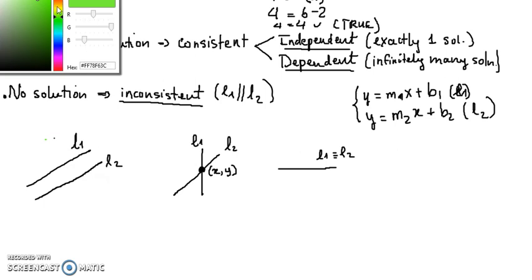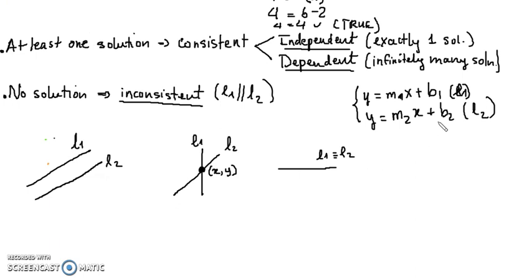Now, if the two lines are parallel with each other, then what happens? Then we learn that the slopes are the same, m1 equal to m2. And what else? Imagine an OXY plane here. You see the slopes are the same, but what's the difference? They have different y-intercepts. So b1 has to be different from b2.